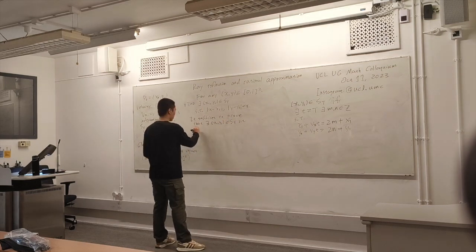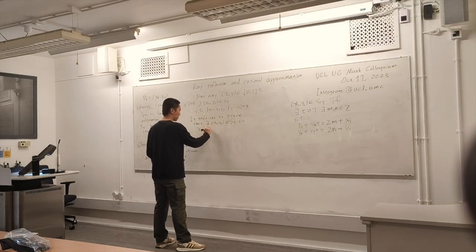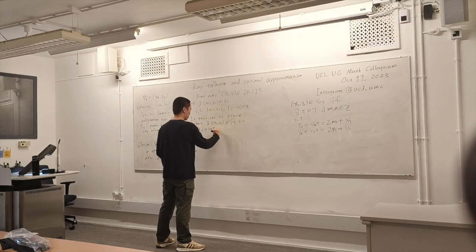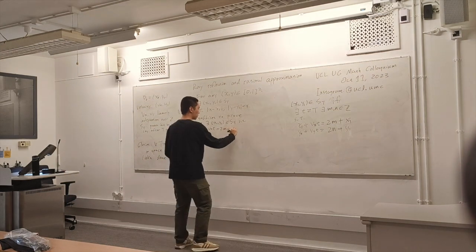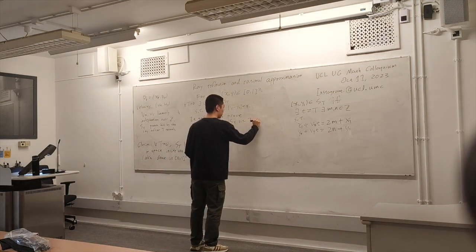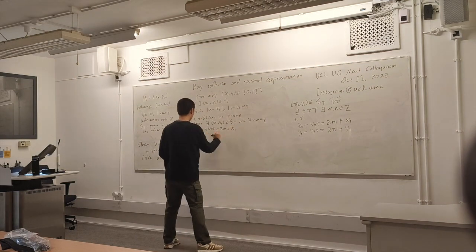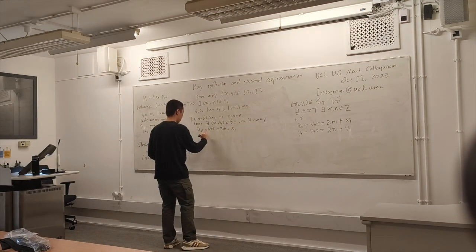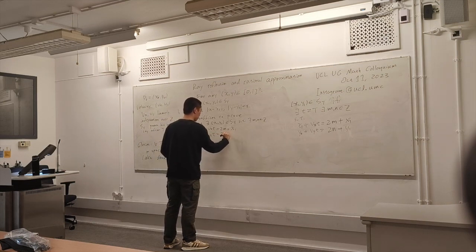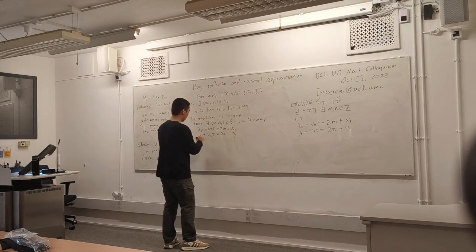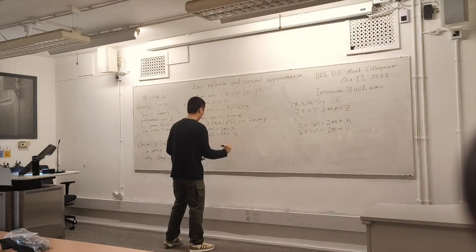So first we have x0 plus vxt is equal to 2m plus x1, and y0 plus vyt equal to 2n plus y1.